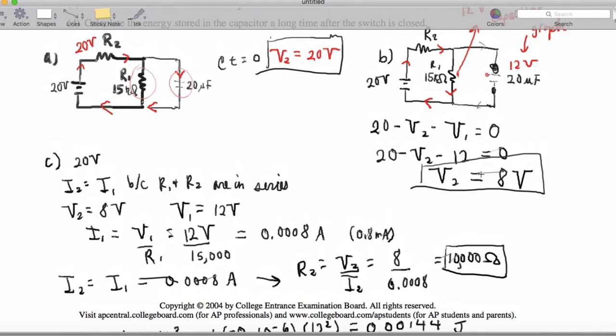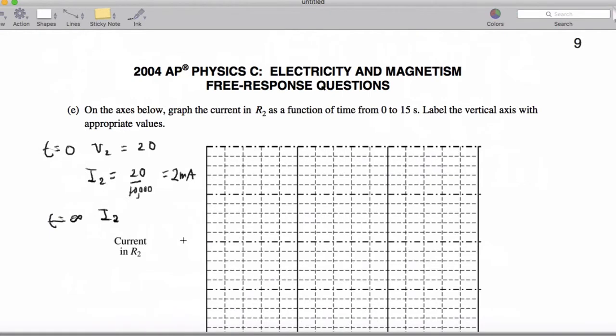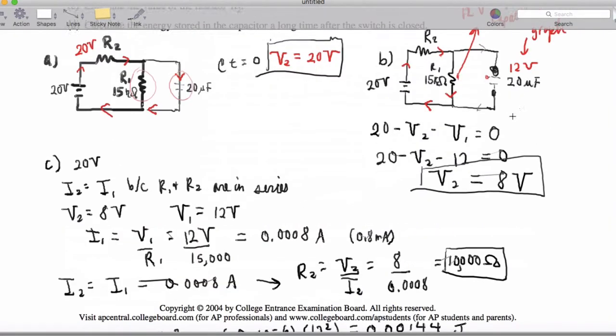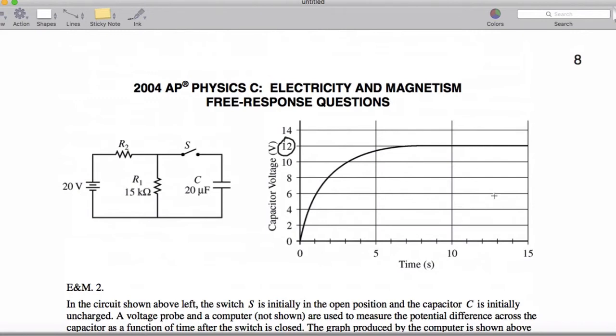Let me make sure I have that right. So 20 divided by 25,000. Yep, okay. So at time equals infinity, I have 0.8 milliamps. So looking at this graph here, let's be really careful.